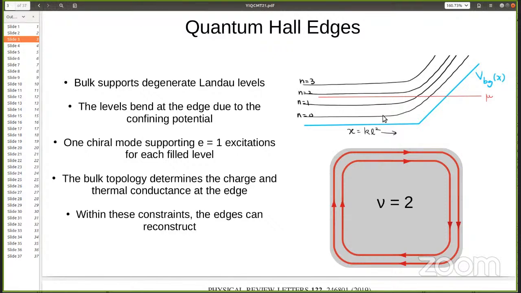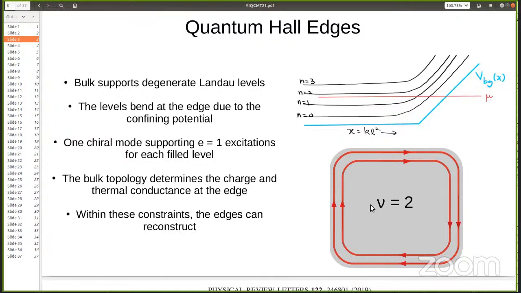So it would appear that if you know the bulk filling factor, then it fixes the Hall conductance of the phase, and therefore it would seem natural to say that maybe the structure of the edge is also governed by the topology.